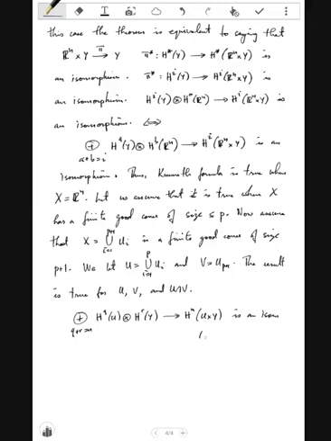Similarly for V and U intersection V. And we want to show that this is true for X.